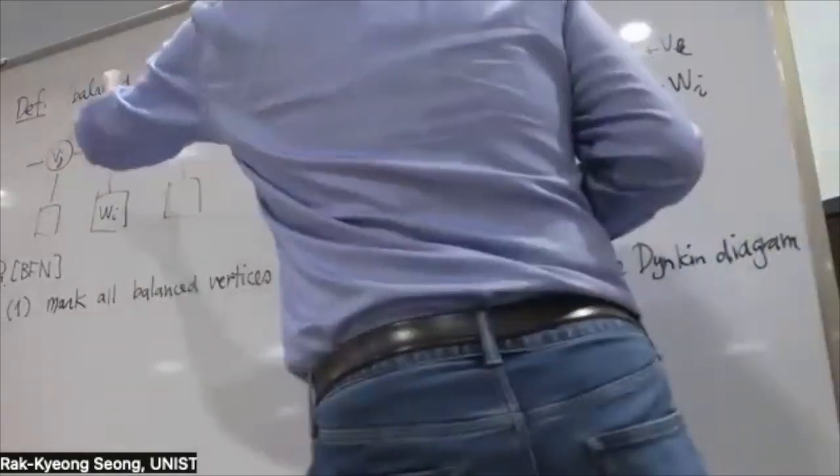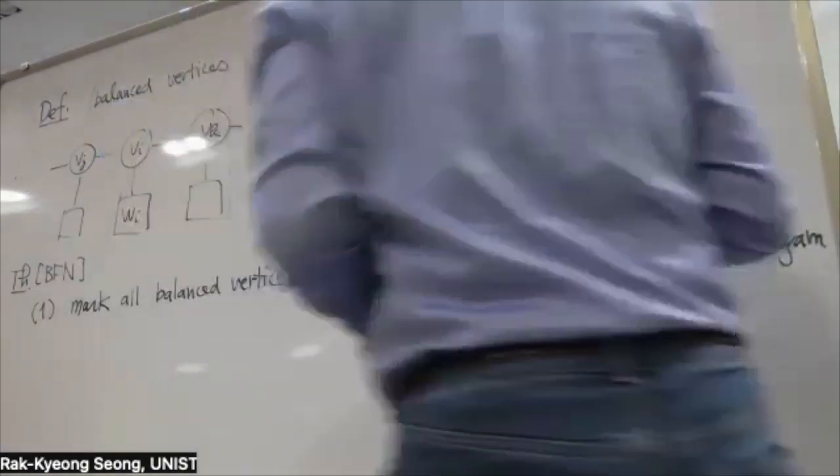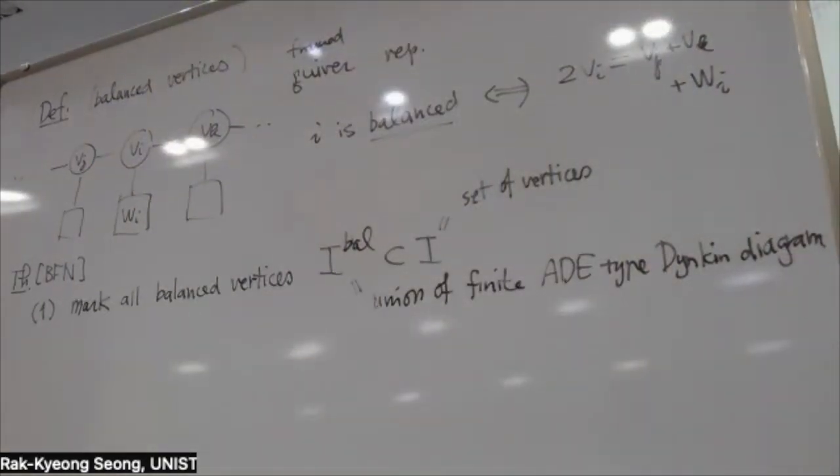Because of this condition, even if you start with an arbitrary affine or more complicated Dynkin diagram, if you just consider vertices which satisfy this condition, you can show that this is a finite union of type ADE Dynkin diagrams.